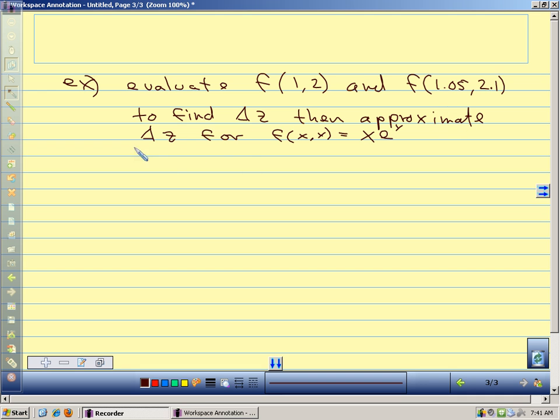First, we calculate our function at the two points. f(1, 2) is just 1 times e squared, and if I plug that into my calculator, that's about 7.389.